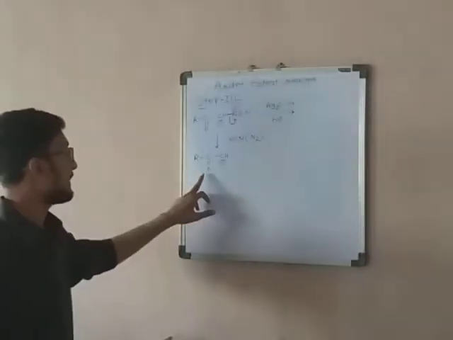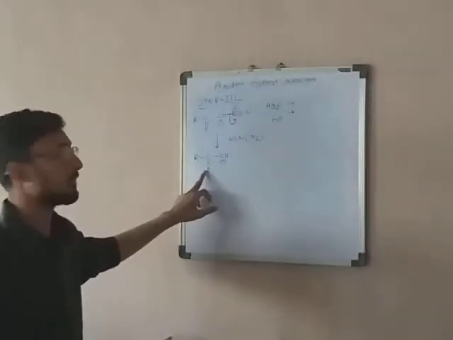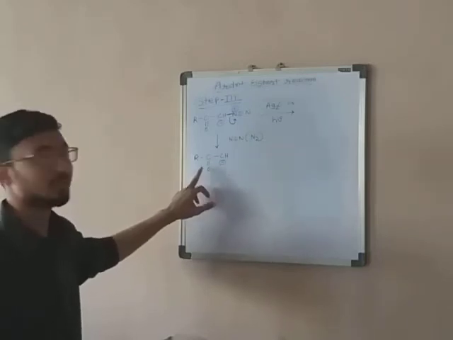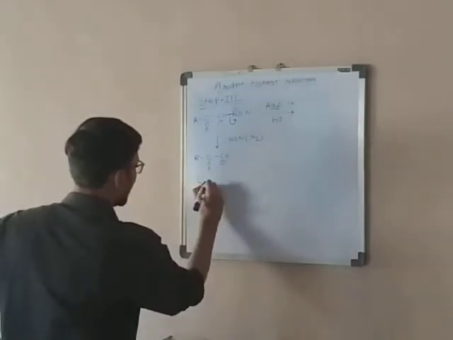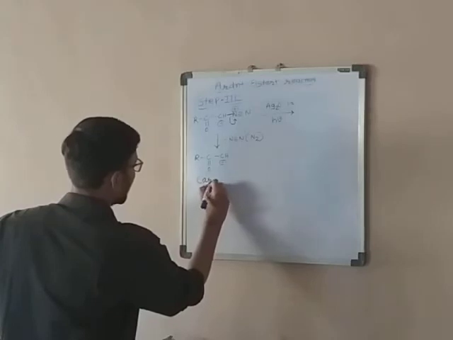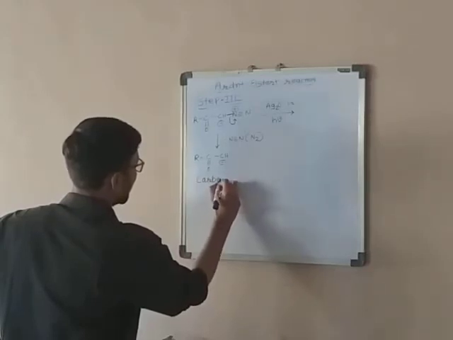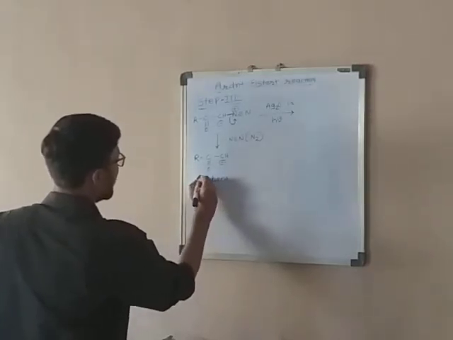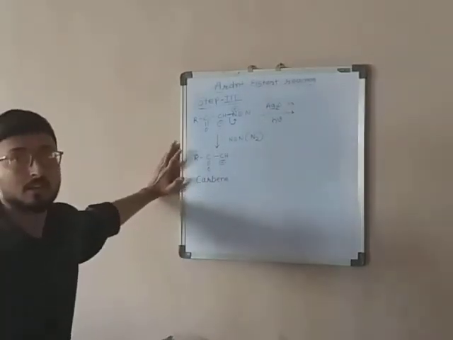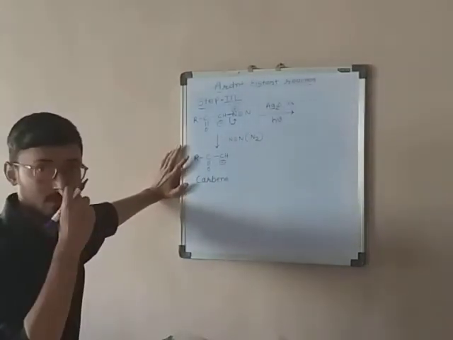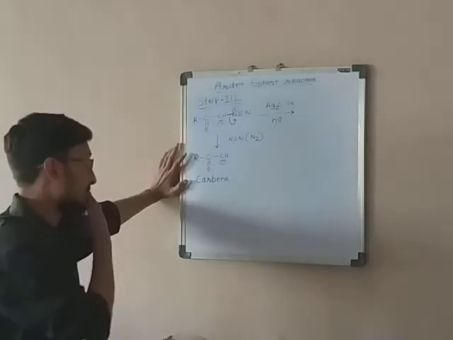And what will we obtain? We will obtain this compound. What is this called? This is a carbene. We might not have seen this intermediate earlier in our studies, but this is called a carbene. Why is it called that?